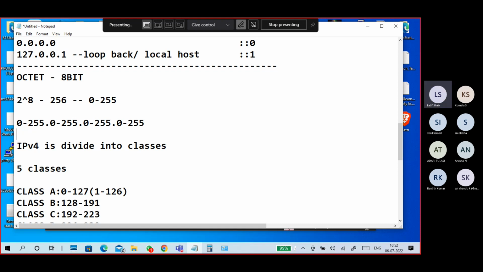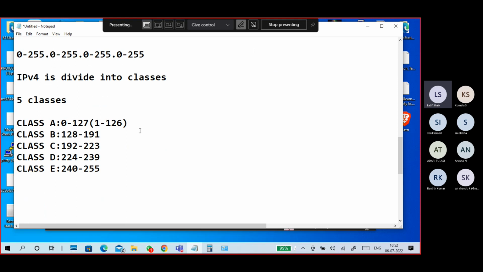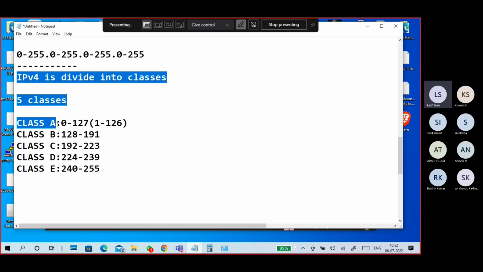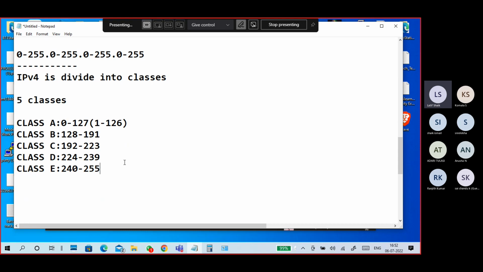So each octet has 255 as the maximum only. Okay, I'm getting a lot of sleep also. No problem. So these are the total IPv4 ranges, guys.